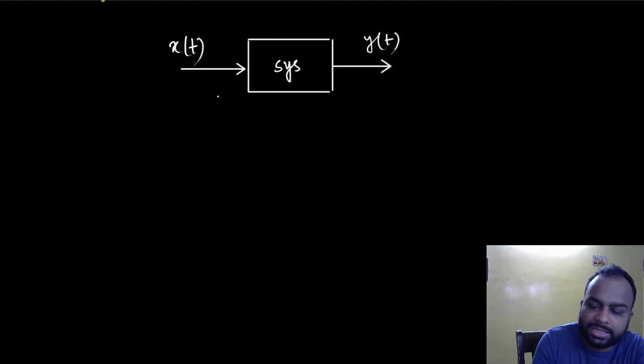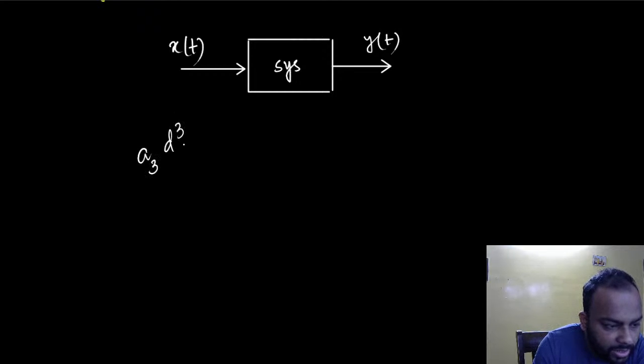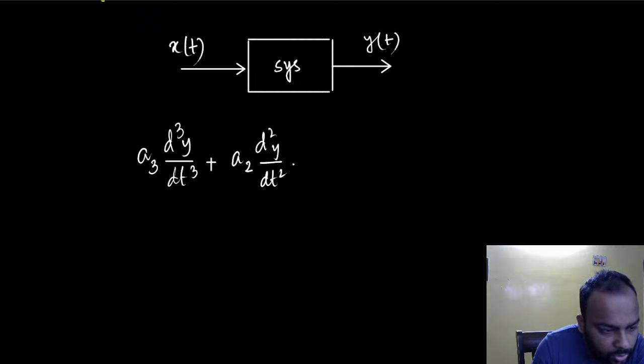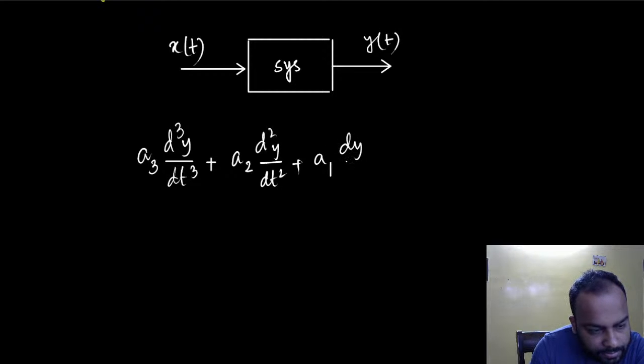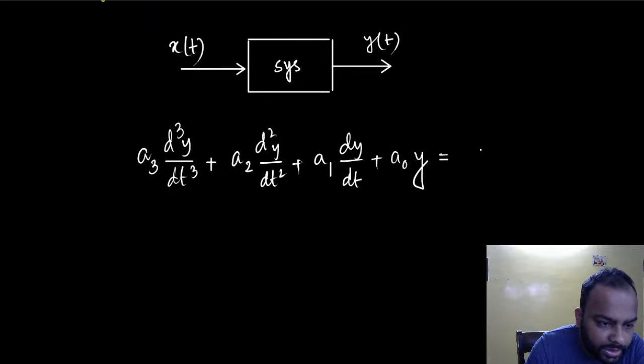Let's say the relationship between the input and the output here looks like this: a3 d3y/dt3, where again the derivatives are with respect to time, of course, plus a2 d2y/dt2 plus a1 dy/dt plus a0 y equal to b0 x.